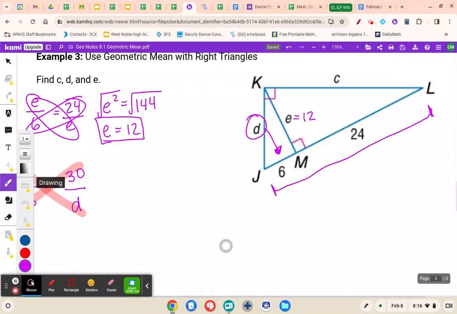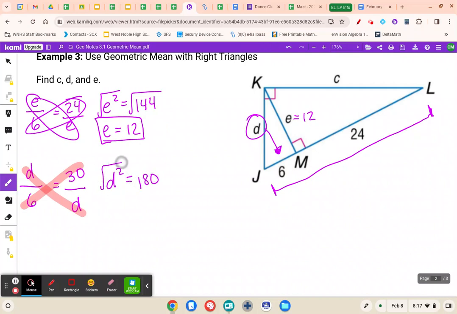We get that D squared is equal to 180. Take the square root, and then you have to simplify this. So this actually breaks down into 36 and 5. You get 6 square root 5 for D.